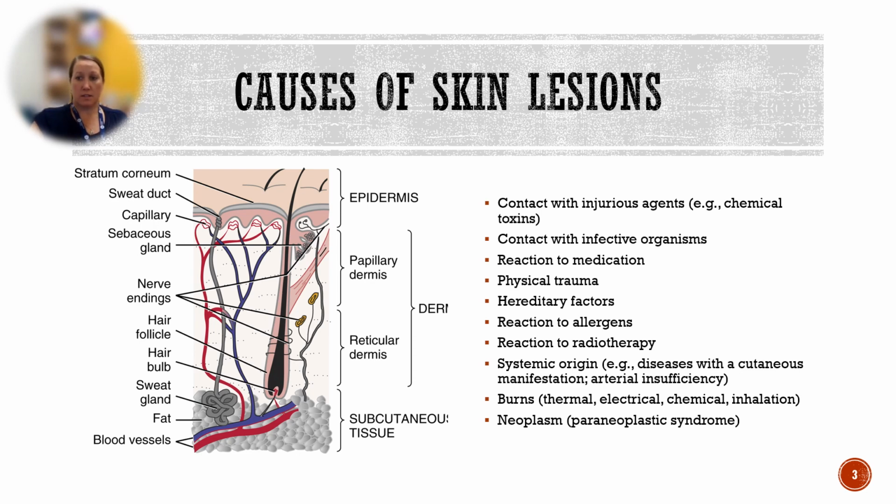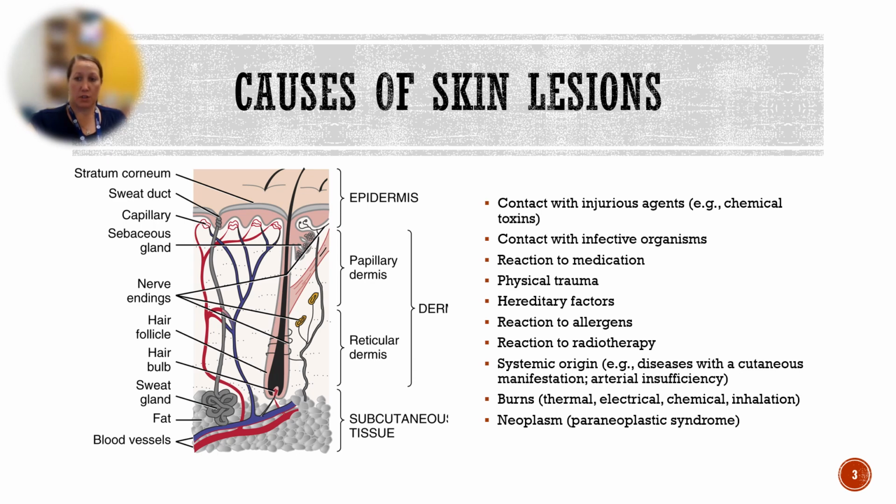Lesions of the skin or skin manifestations of systemic disorders can be classified as a primary or secondary lesion. The primary lesion is the first lesion to appear on the skin and has a visually recognizable structure that can be a papule, nodule, a tumor, a vesicle, or something along those lines.